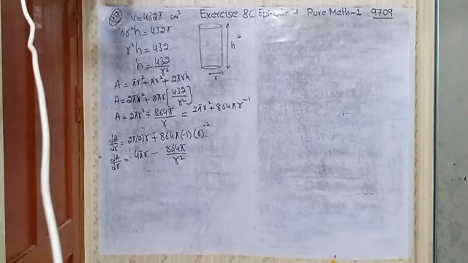You see, let me check again. We converted this into a friendlier shape, 2 pi r square plus 864 pi r raised to power minus 1. So I differentiated it: 2 pi into 2 into r, plus 864 pi and minus 1 and r raised to power minus 2. So it will come 4 pi r minus 864 pi divided by r square. Okay, so you know that at the stationary point, you see what happens.